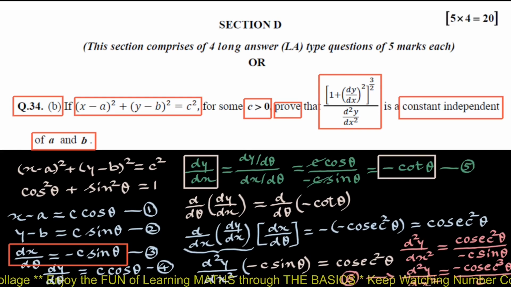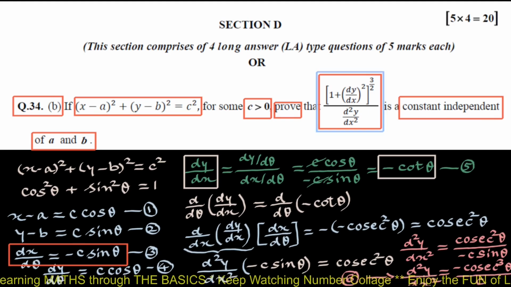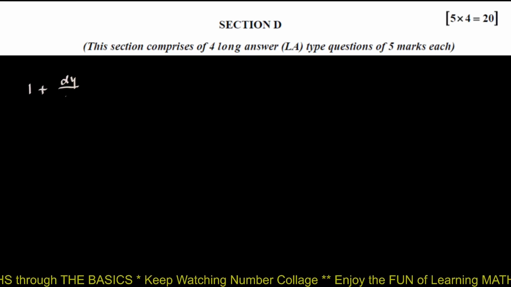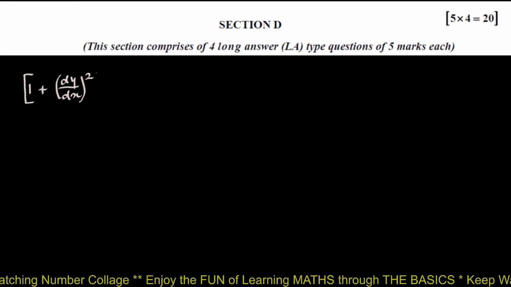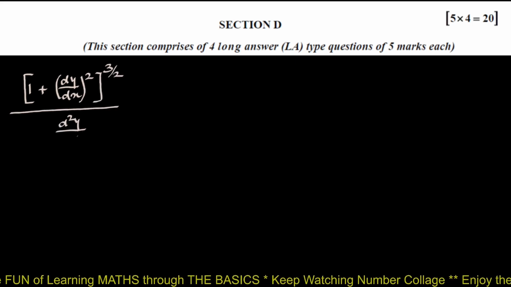Now we will come back to the quantity of which we have to find the value. So we have to find the value of [1 plus (dy/dx) square] whole to the power 3/2 upon d2y/dx square.